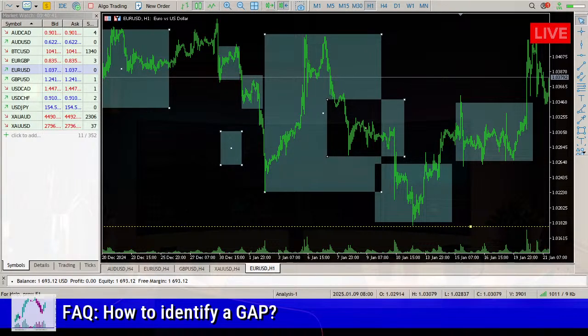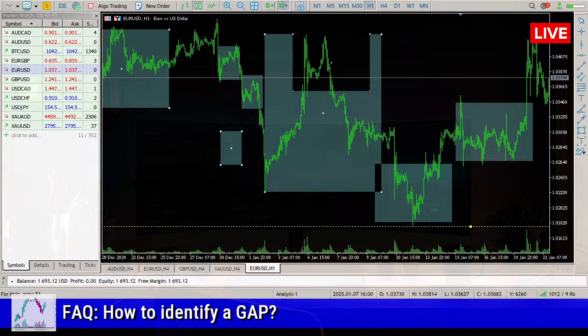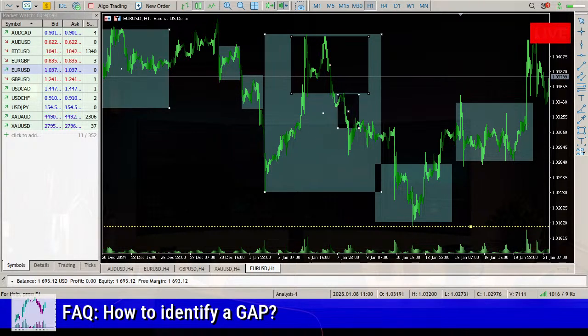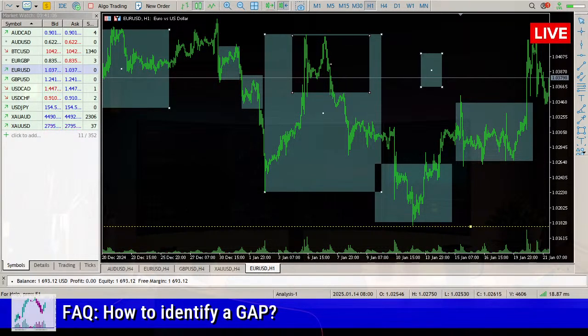Here, for example, this is a gap from the 4-hour chart, but inside the gap we can also see this is a base from the 4-hour chart. We have this one base from the 1-hour chart, and then there is also a gap from the hourly chart.